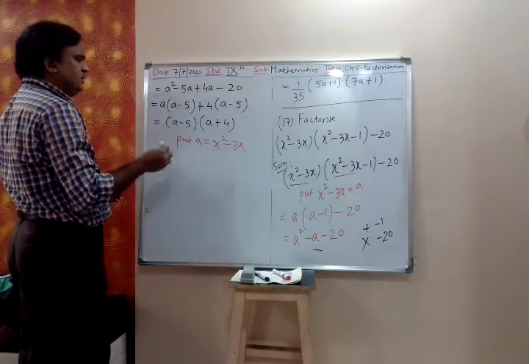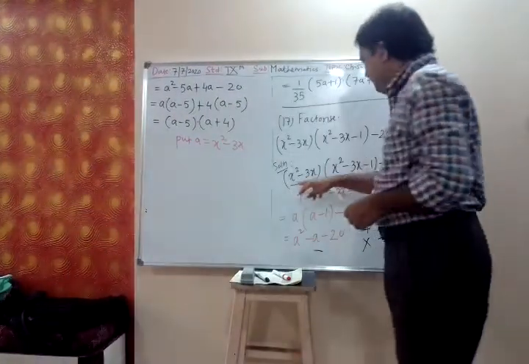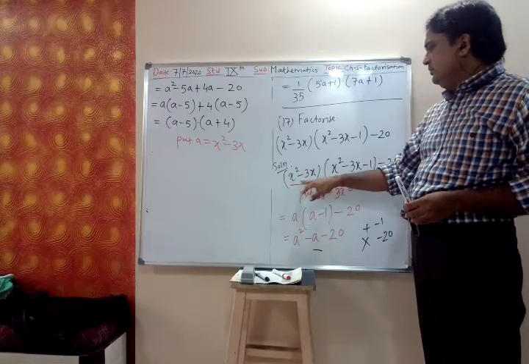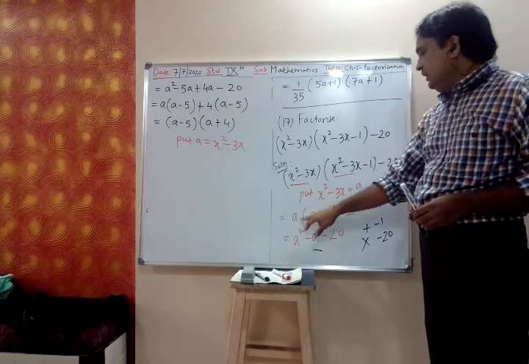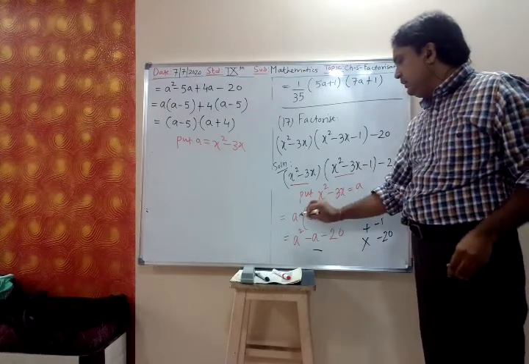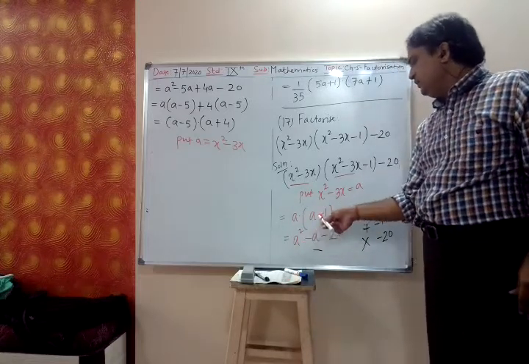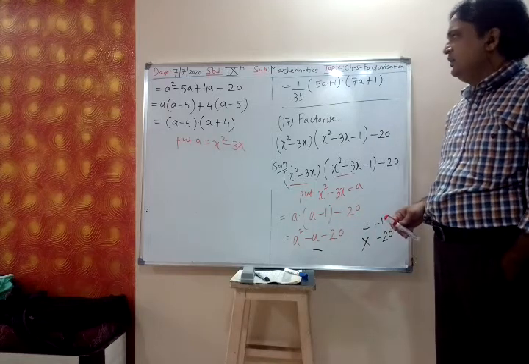See, this x square minus 3x I will write as a. So this becomes a into (a minus 1) minus 20. Opening the bracket, this becomes a square minus a minus 20.